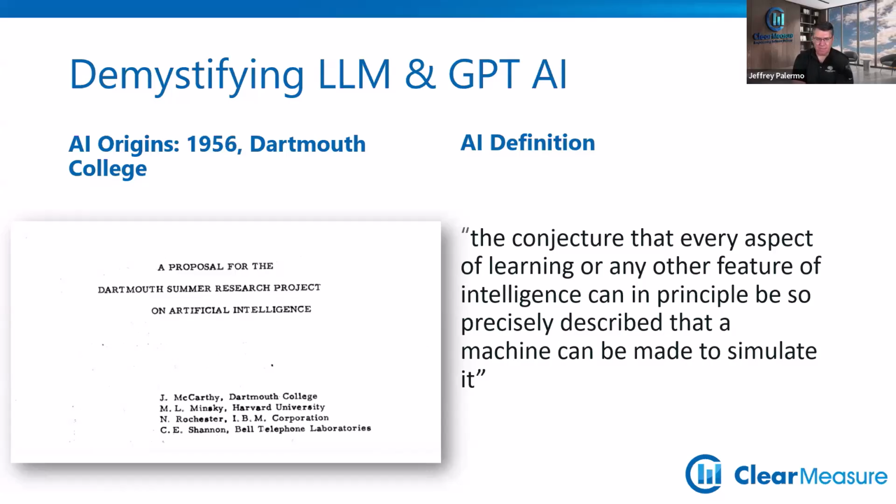That's what it does. Same thing with GitHub Copilot. I fully expect at some point that we'll just call it Copilot, or maybe they'll refine the name. But we are precisely describing some aspect of human intelligence so that we can make machines that simulate it.